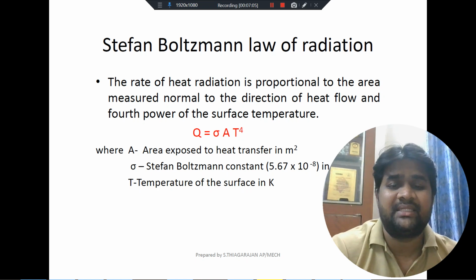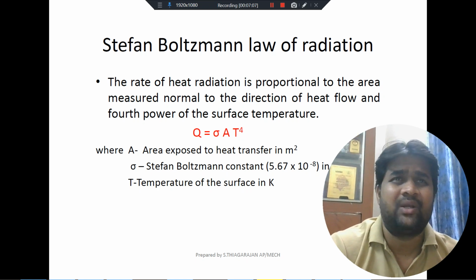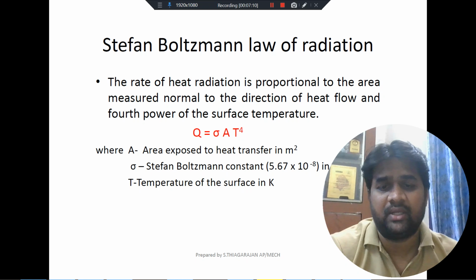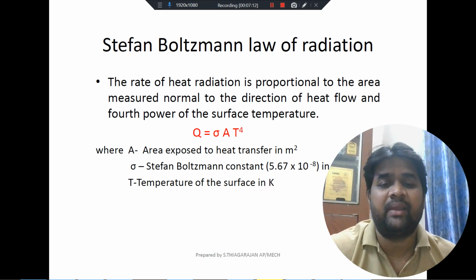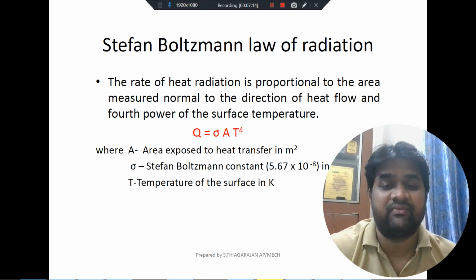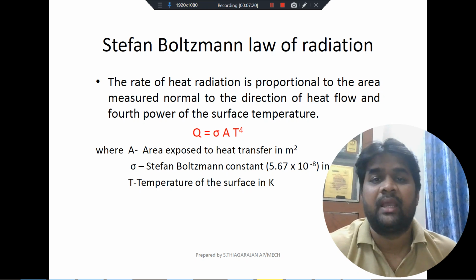Sigma is the Stefan Boltzmann constant. It is a constant throughout the process. It is 5.67 times 10 to the power of minus 8, with the unit watt per meter square Kelvin power 4. And thank you.